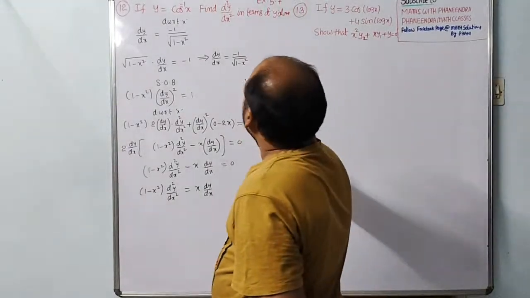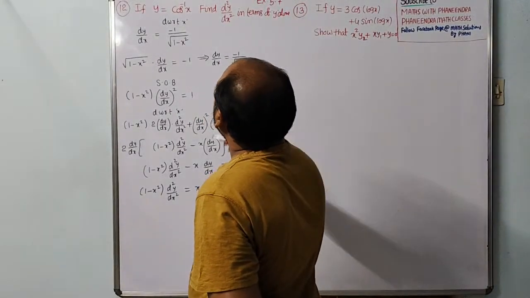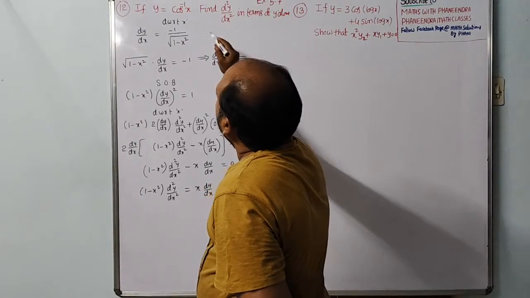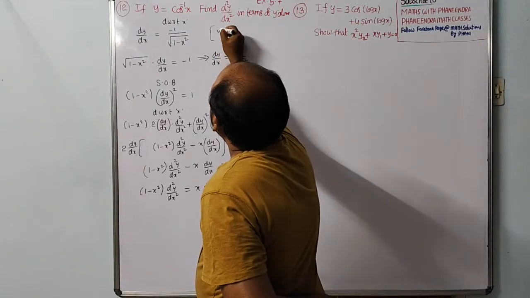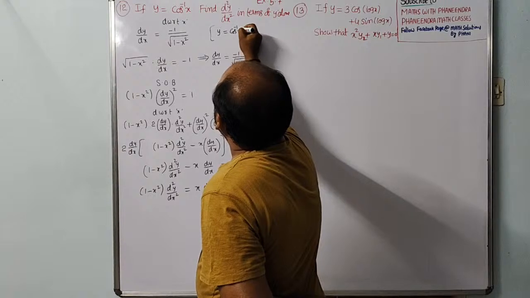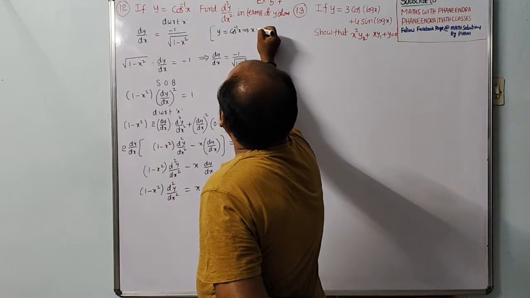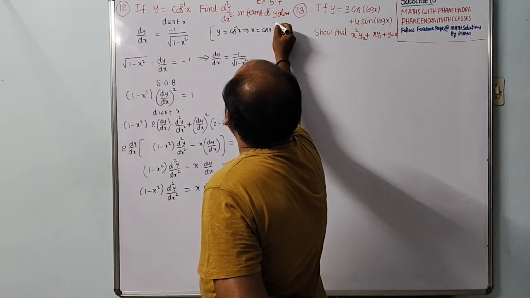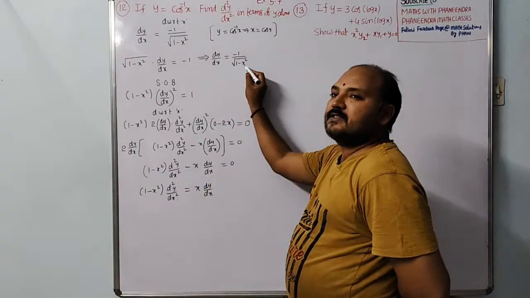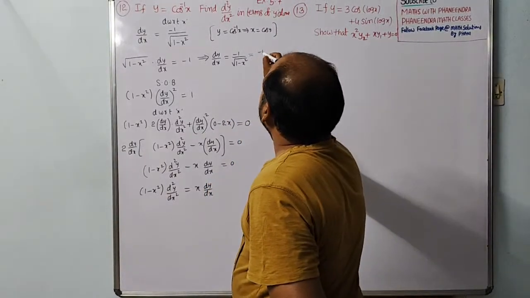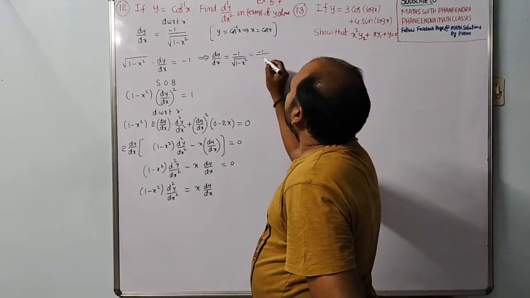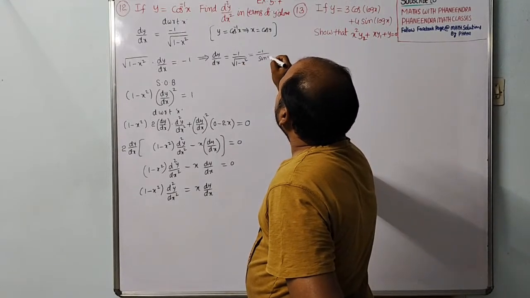Okay. After that, y is equal to cos inverse x. That implies x is equal to cos y. So in place of x, if you substitute cos y, 1 minus cos square y is sin square y only, no?